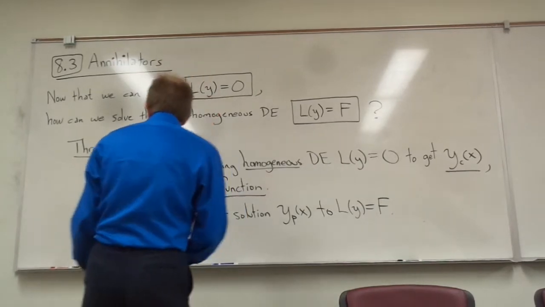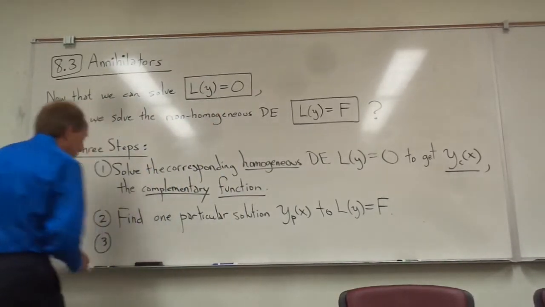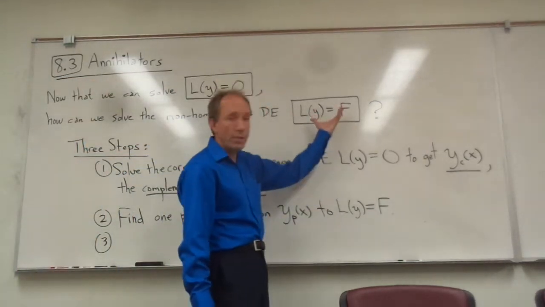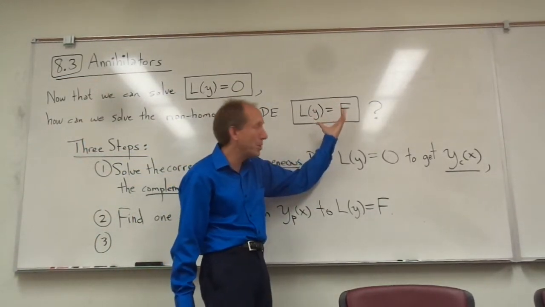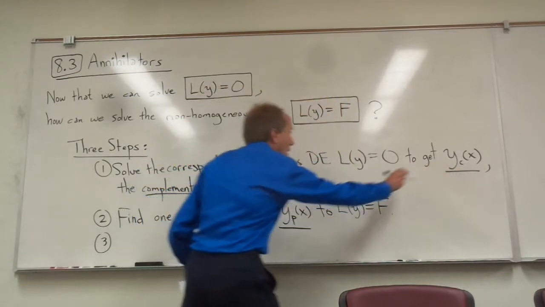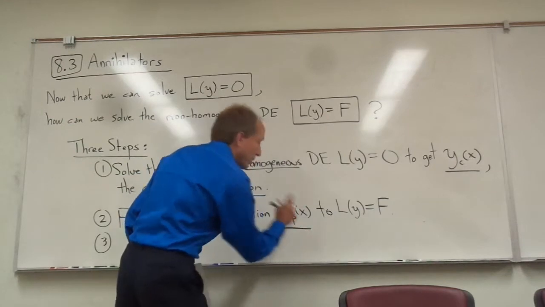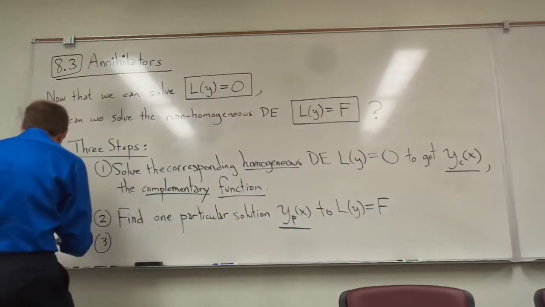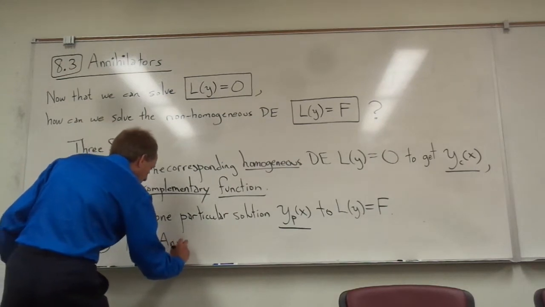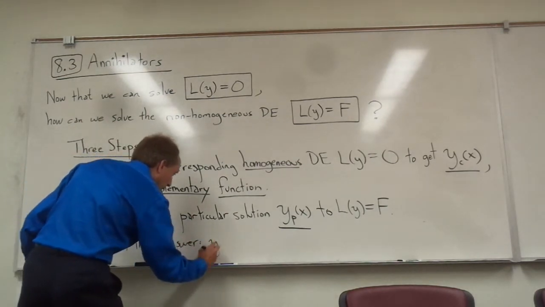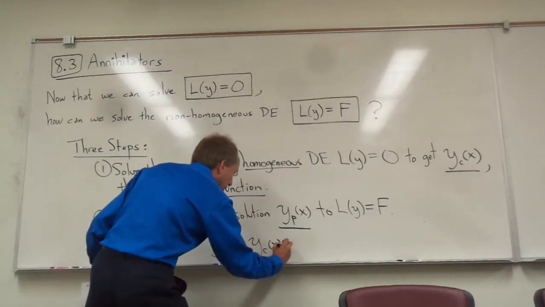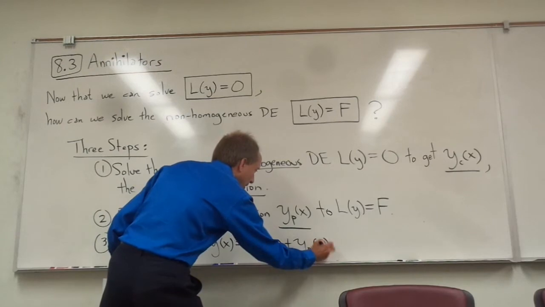So the final step then, to get the general solution to this non-homogeneous differential equation, is that you're simply going to add together the complementary function and the particular solution. So you're just going to write down what I'll call the final answer here. And the final answer is simply y of x equals y sub c of x plus y sub p of x.